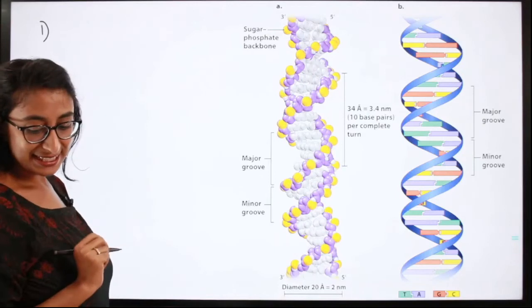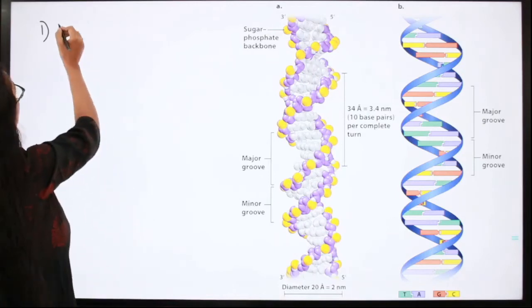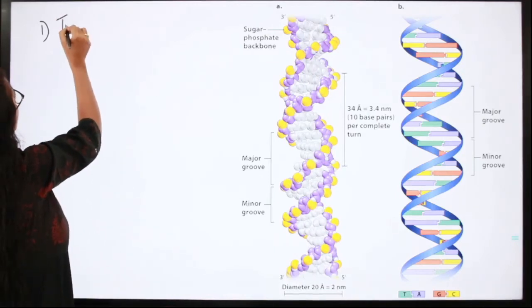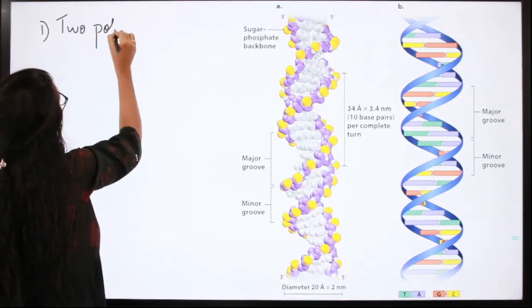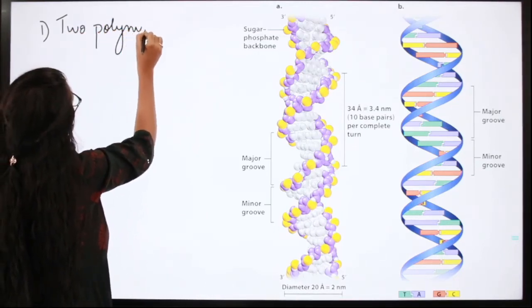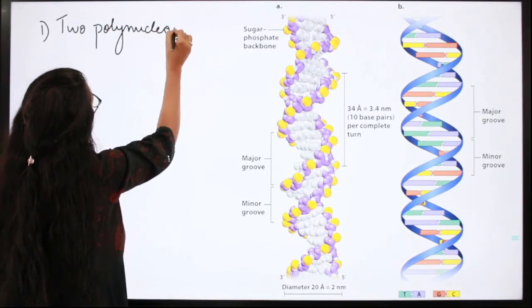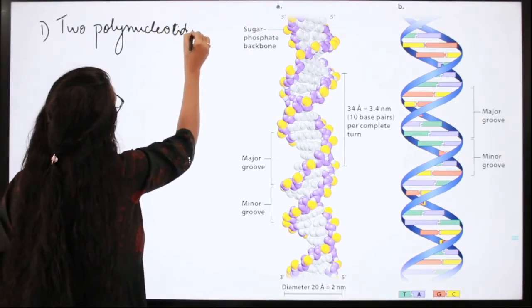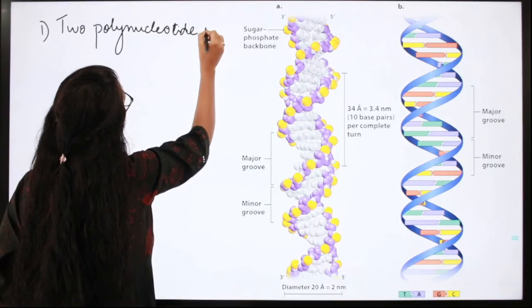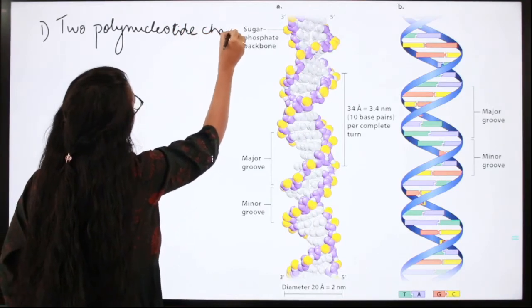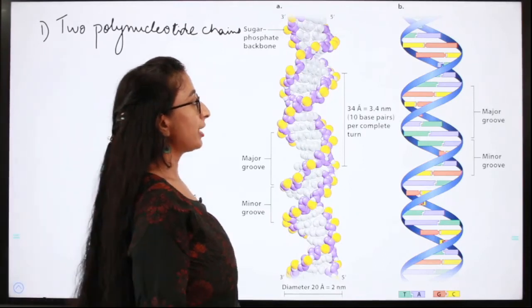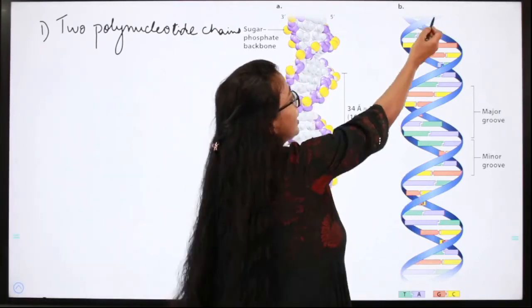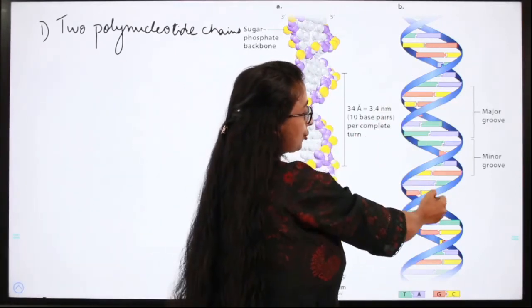So first one is, the DNA is composed of two polynucleotide chains or strands. So here you can see DNA is made up of two chains or strands, isn't it?